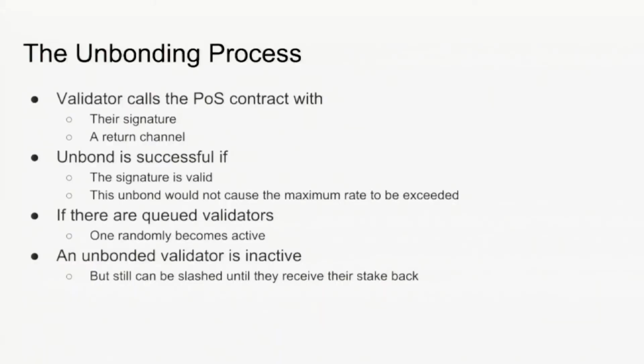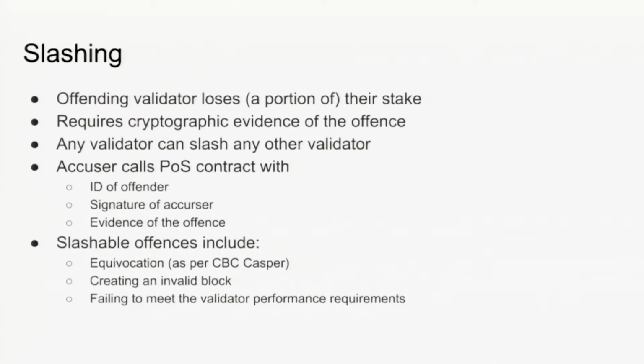To unbond, you call the unbonding contract with a signature and return channel. After that, you become an inactive validator, but you can still be slashed until you get your stake back.